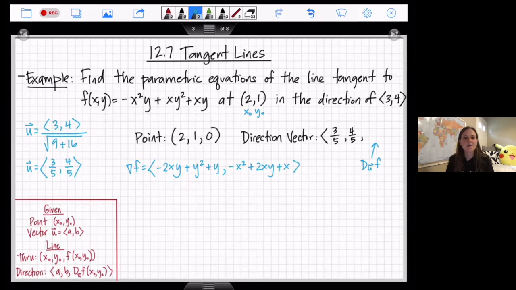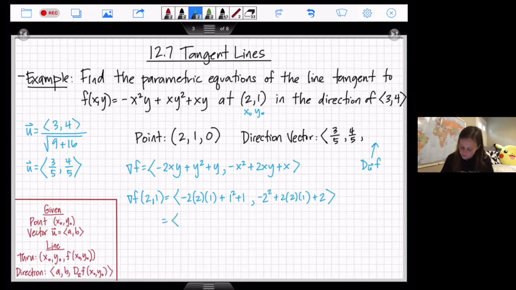We're going to dot that with the unit vector to get the directional derivative. But first we want to figure out the gradient at the point we're interested in, so the gradient at 2, 1. Everywhere there's an x, put a 2, and everywhere there's a y, put a 1, and see what we get.